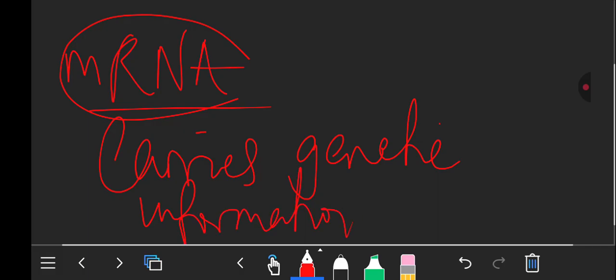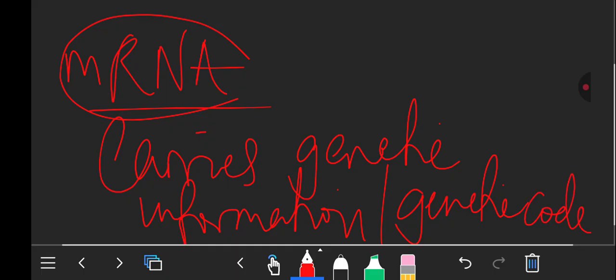The tRNA transports the amino acid, and the rRNA joins with the proteins in order to form those interesting things known as the ribosomes, right? And the ribosomes, we have 2 types, which we will look at in the next session.